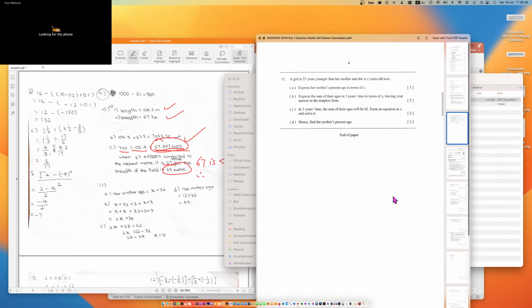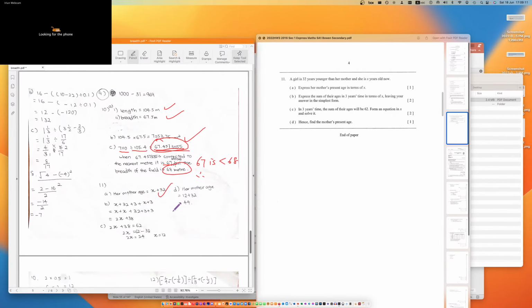Yeah, question 11. A girl is this. This question is, I will say, quite simple. Her mother's age is 32 years more than the girl's. So okay, x plus 32. Okay, good. So express her mother's present age. This one is correct.